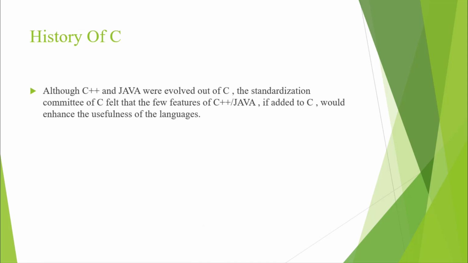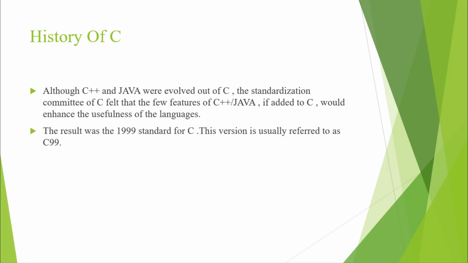Although C++ and Java evolved out of C, the standardization committee of C felt that new features of C++ and Java, if added to C, which is already developed, would enhance its usefulness.